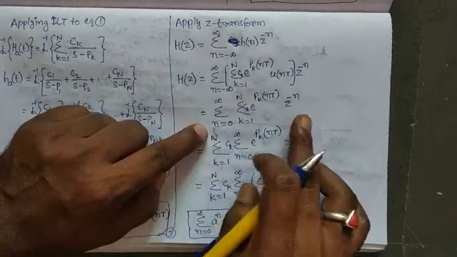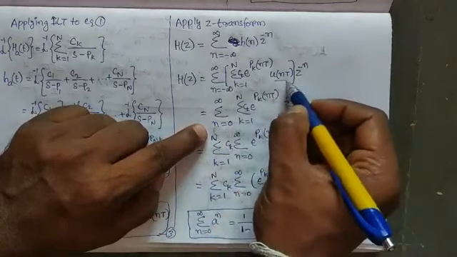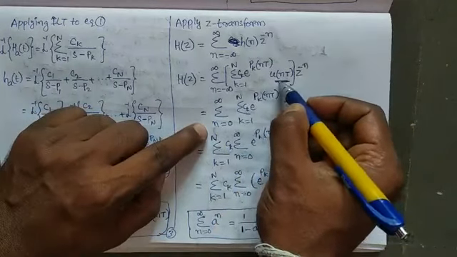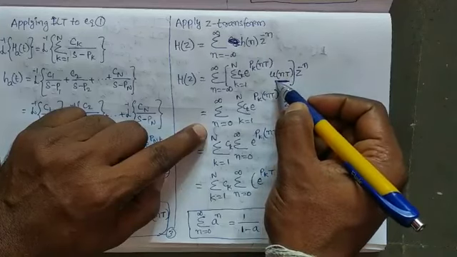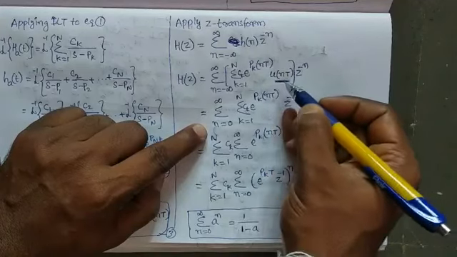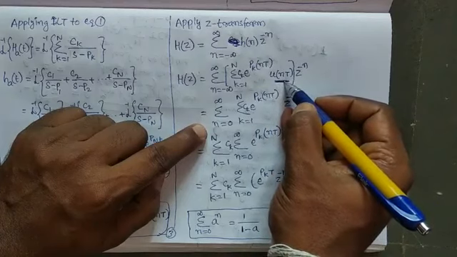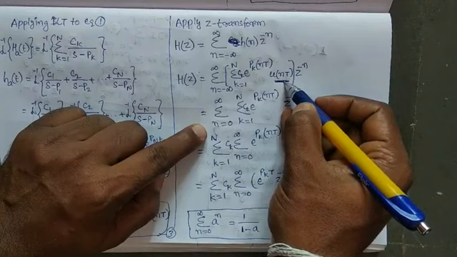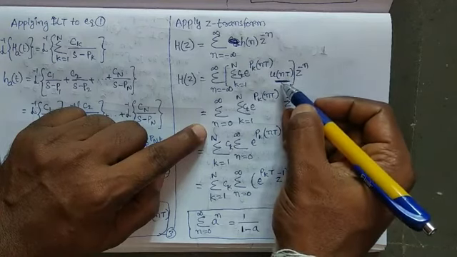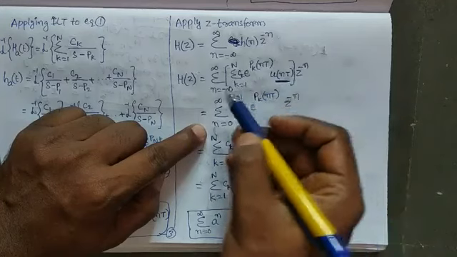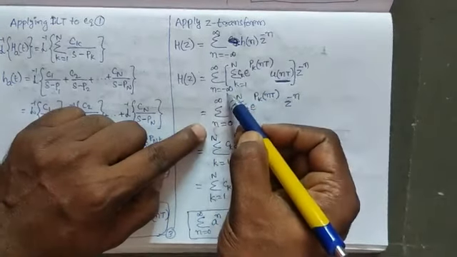From the definition of u of nT, u of nT is 1 for nT greater than or equal to 0, and the remaining values are 0. So the lower limit of this summation is replaced by 0.